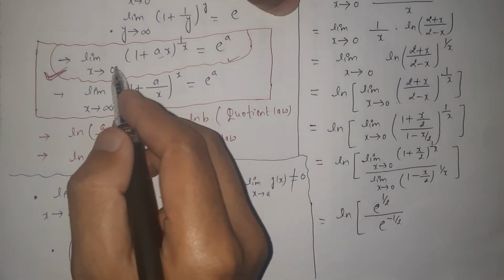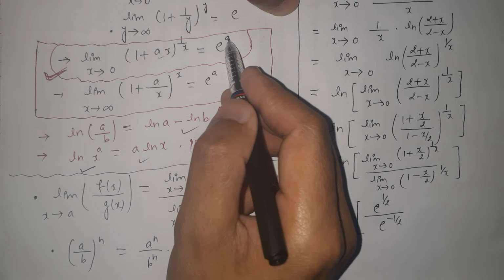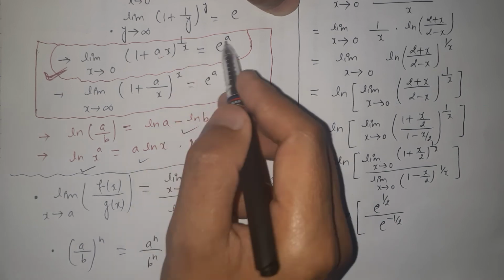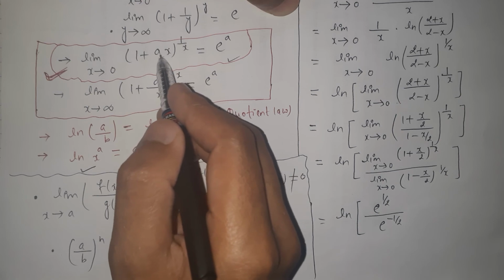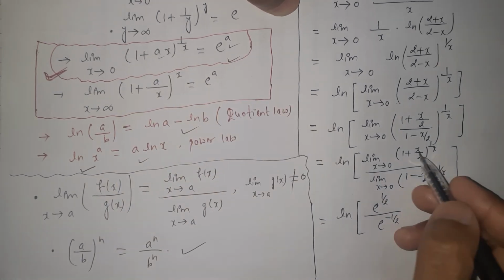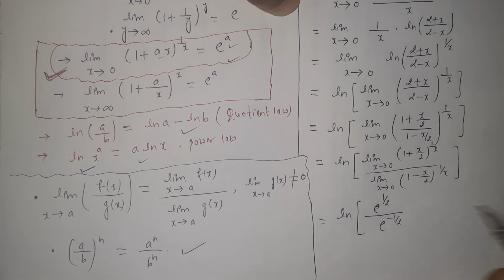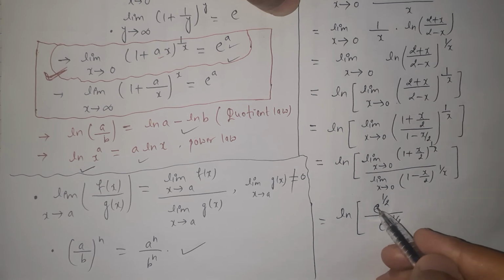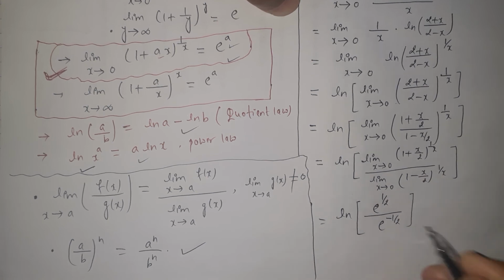Here we use this formula: e to the power of a number, and the number is taken from the coefficient of x. The coefficient of x is a, so we write e to the power a. Similarly here the coefficient of x is 1 over 2, so we put e to the power 1 over 2. Similarly the same case in the denominator also.